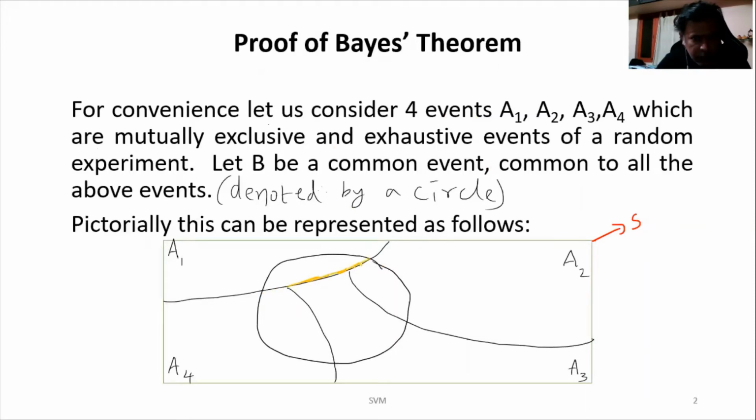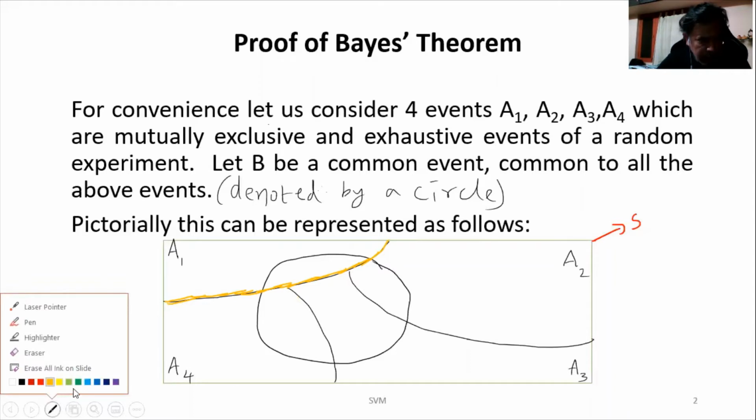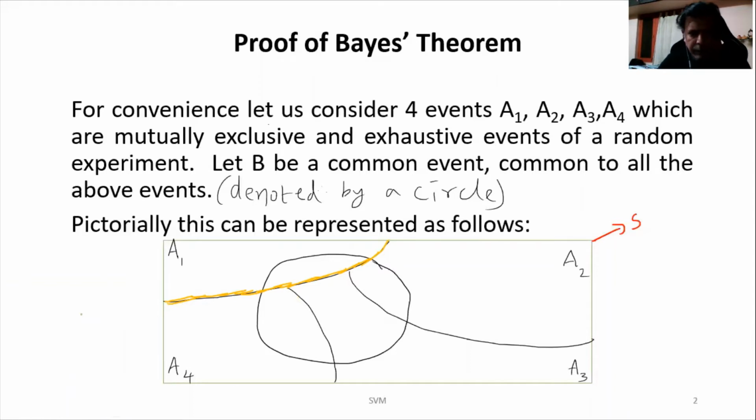This area is our A1. Okay. Then A2. Let's choose some different color. We'll consider that as A2.